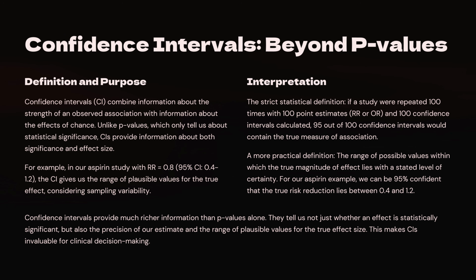So confidence intervals give much more information than p-values alone, so that's why they're generally reported, at least required to be reported, especially in high-impact journals. They tell us not just if it's significant, but also the precision of the estimate and the plausible range of true values. So it's really useful in clinical decision making.